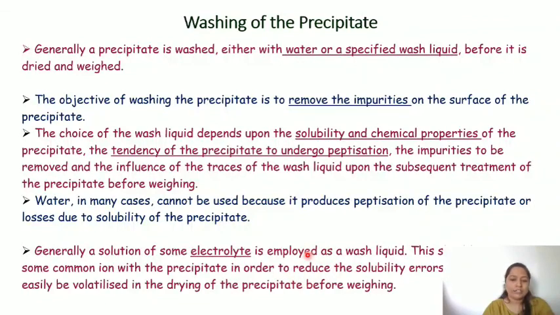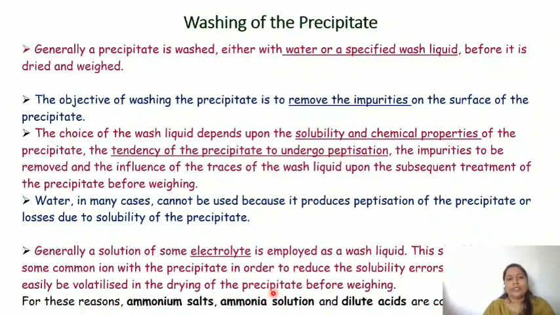Solubility. We know that due to the common ion effect, solubility is reduced. And that electrolytic solution should be volatilized easily in the drying process before the weighing. So for these reasons, ammonium salts or ammonia solution and dilute acids are commonly used as wash liquids.